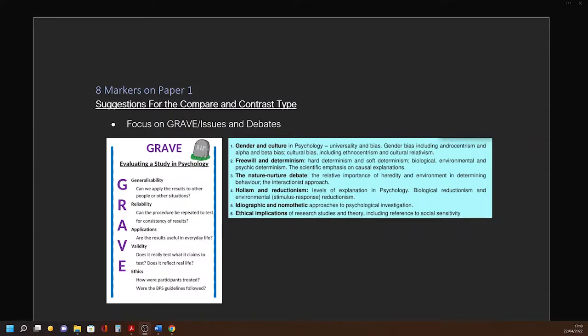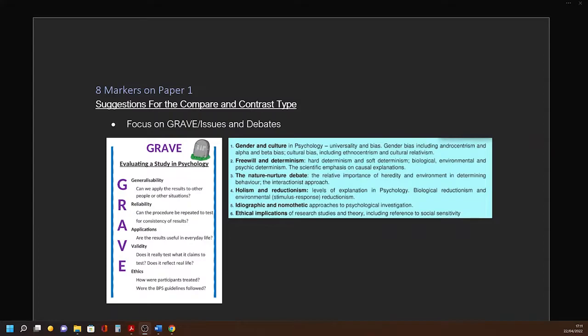Whenever you evaluate a study, you should write this down next to the study to help you plan your 10 marker. They're also useful for the 8 markers, because you spend so much time learning how to evaluate a study that you can use the evaluation points to come up with valid comparison points and contrasting points between the studies.